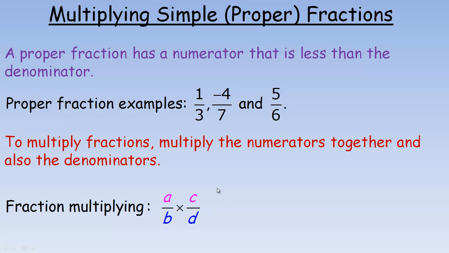And so to multiply these, I would multiply the a times c on top and the b times d in the denominator. And of course, instead of writing a times c, you can write it ac. ac means a multiplied by c, and bd is the same as b multiplied by d. So you multiply the numerators together on top, denominators together on bottom, and that's it.